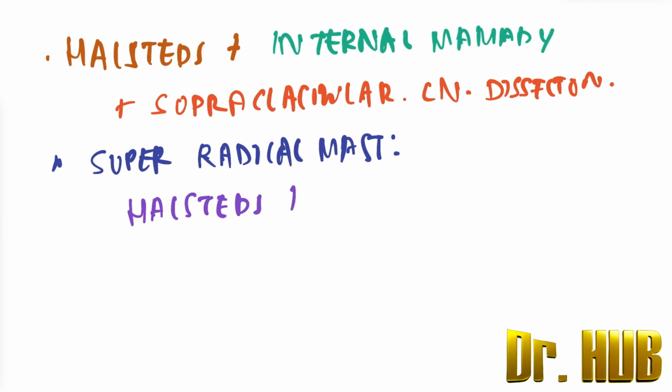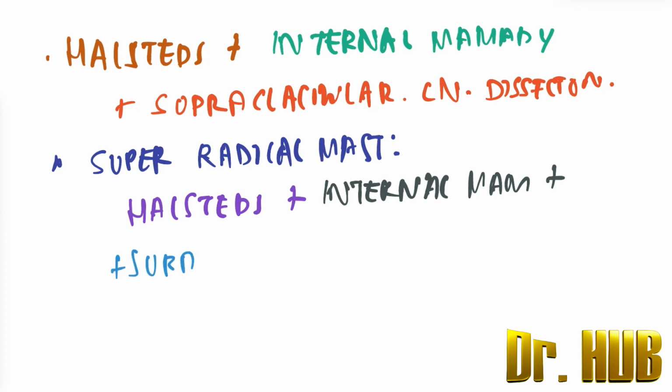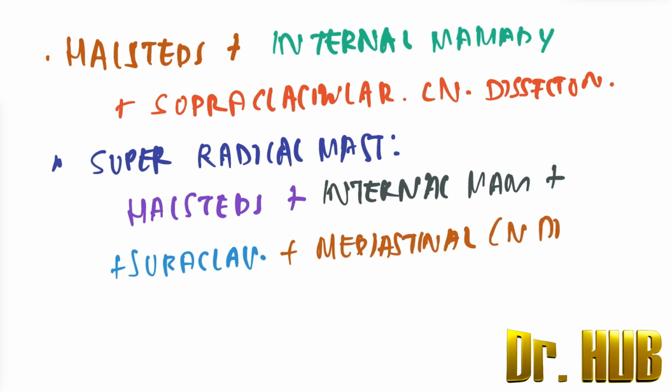We saw the Halsted's along with the internal mammary, along with the supraclavicular, and the super radical mastectomy also includes a mediastinal lymph node dissection as well.